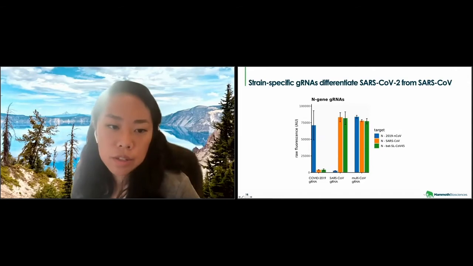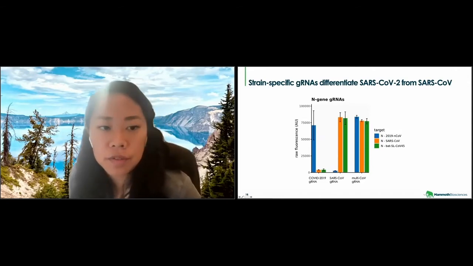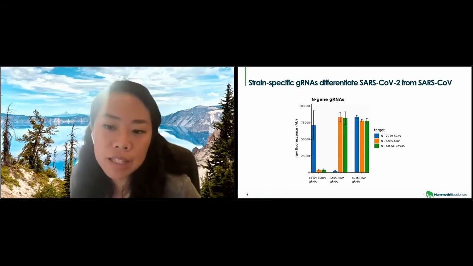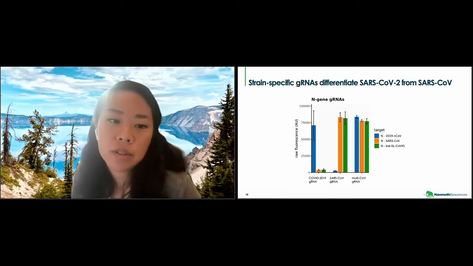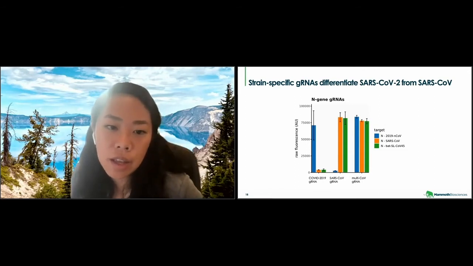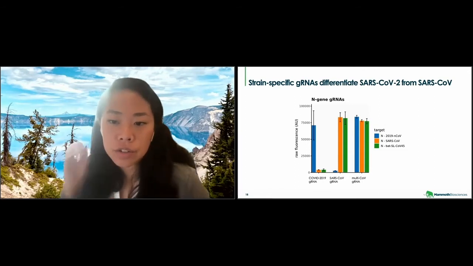So to dive into a little bit about the flexibility of the CRISPR reaction, due to the high specificity of CRISPR enzymes, we're able to design guide RNAs that distinguish SARS-CoV-2 from other closely related strains, including SARS coronavirus and a bat SARS-like coronavirus strain.